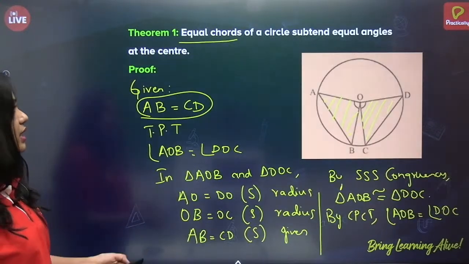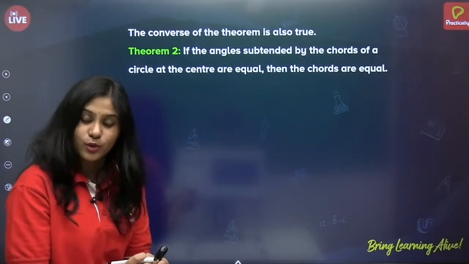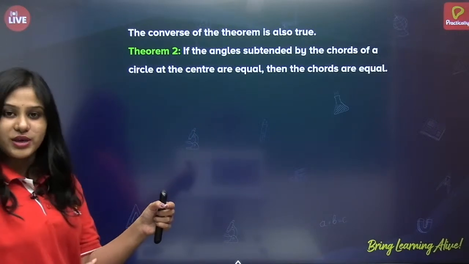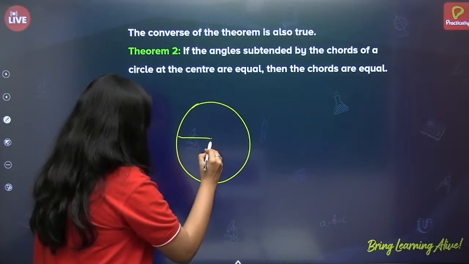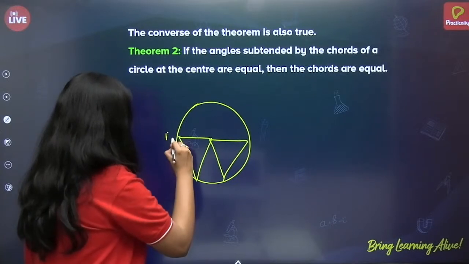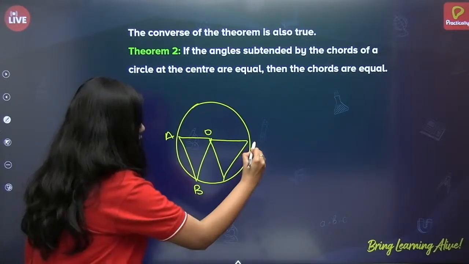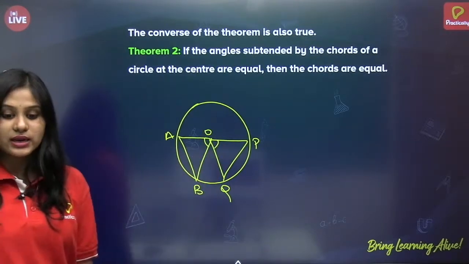What does it say? If the angles subtended by the chords at the center are equal, then the chords are also equal, correct? So again, if we take A, O, B, P, O, Q, now it is given that this angle is equal to this angle.